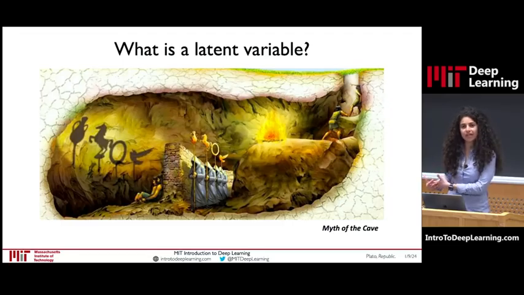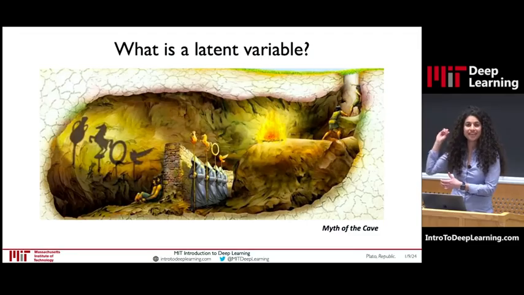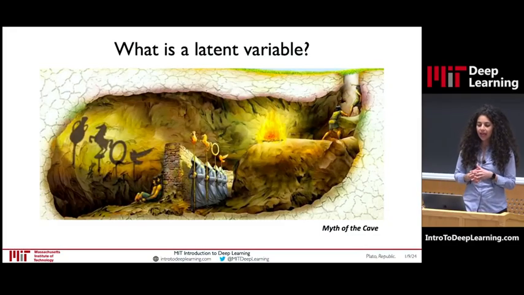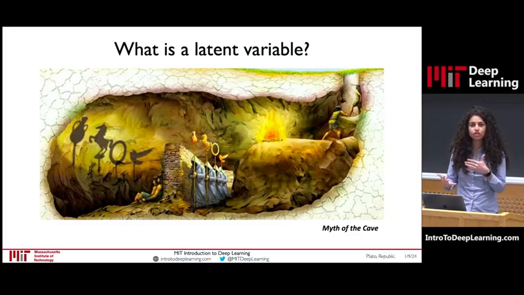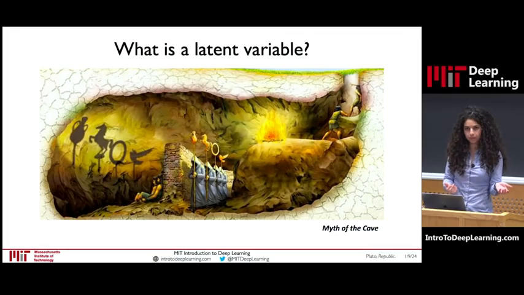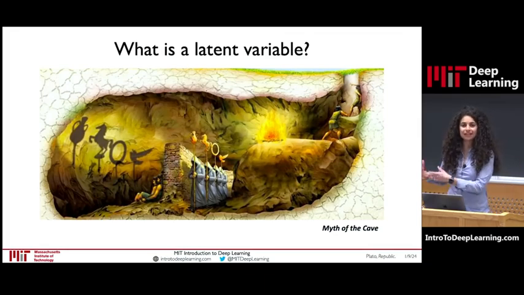But we know that in truth, there's something behind them that is casting the shadow that the prisoners observe. This is the notion of an observed variable, the shadows, and a latent variable, something that's hidden, something underlying that is actually driving the structure of the problem.